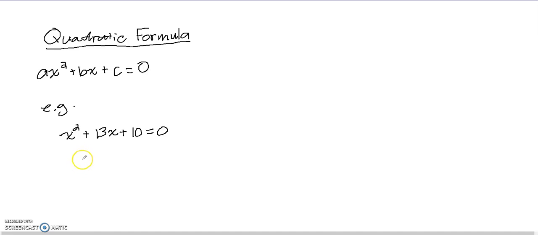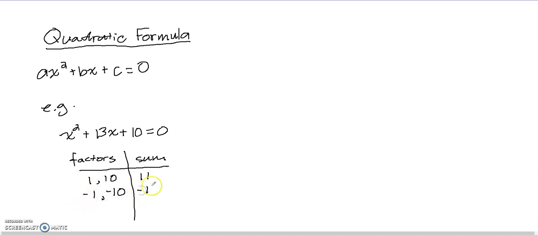So for instance, we could make a chart of the factors of 10 and their possible sums. Well, there's only a few options. You could have 1 and 10, which add up to 11. You could have -1 and -10, which adds up to -11.